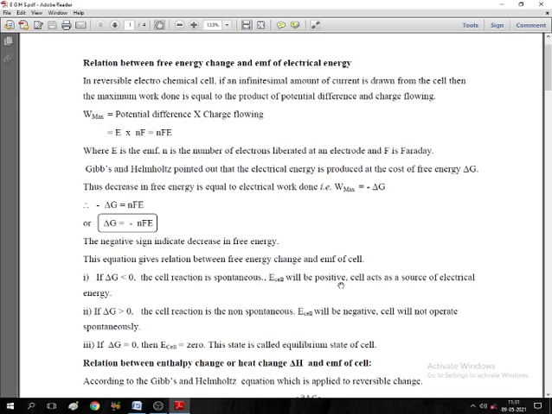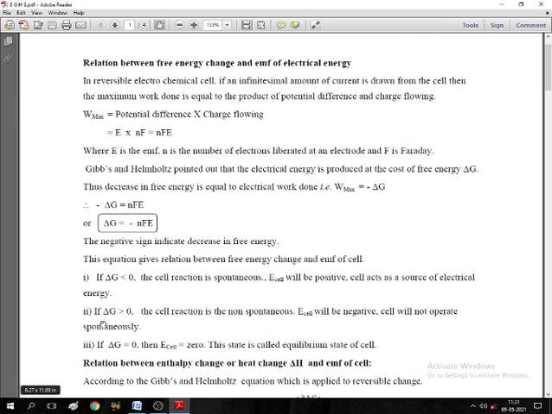The cell acts as a source of electrical energy. It will act as a galvanic cell, a voltaic cell. That means there is a generation of electricity when delta G is negative or less than 0, right?